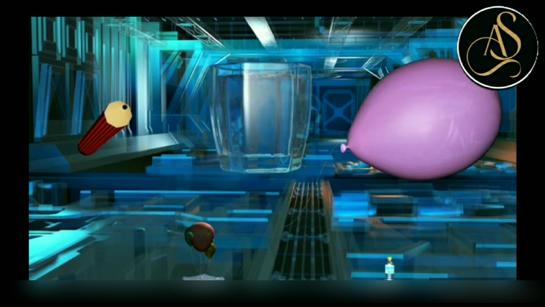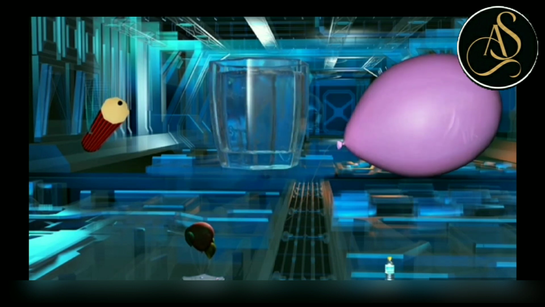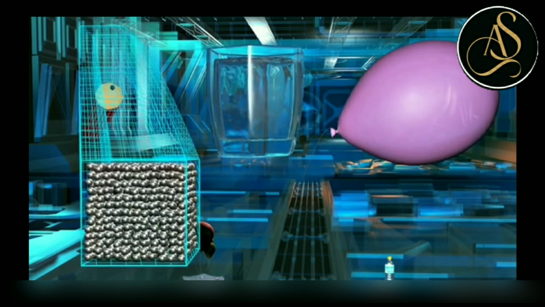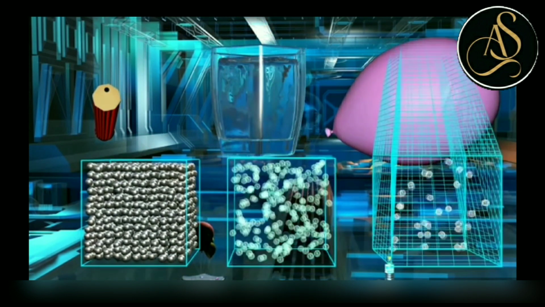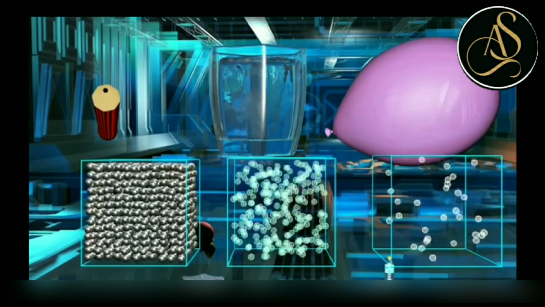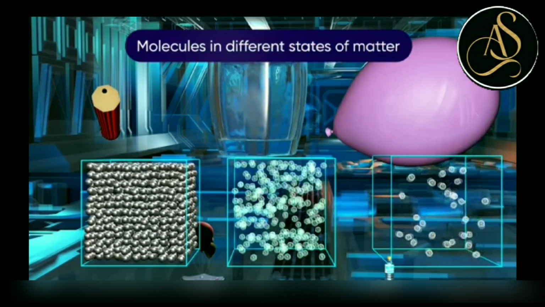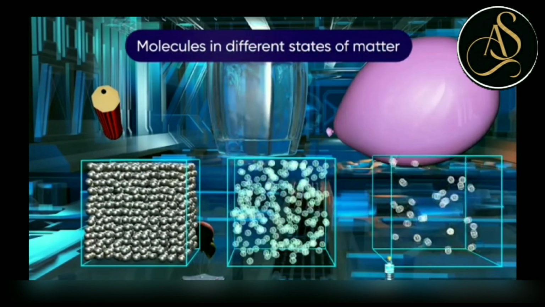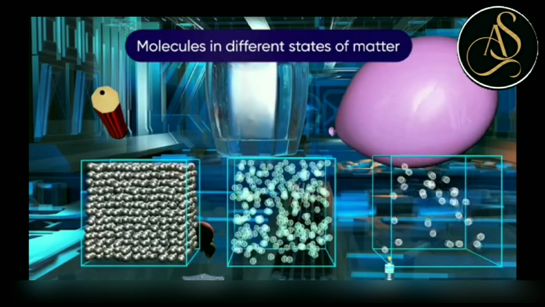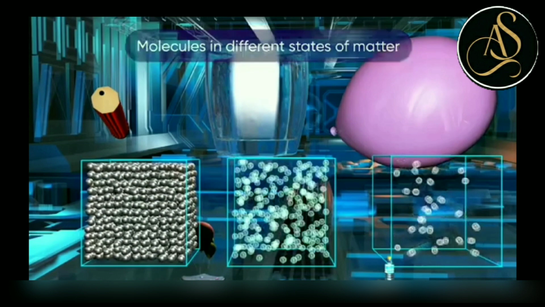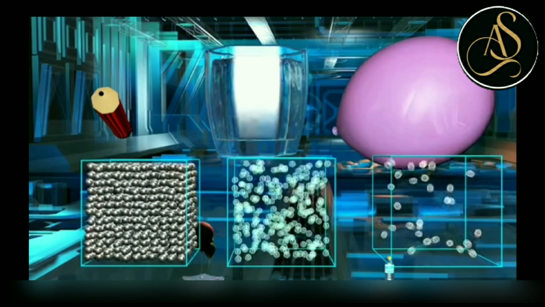To answer this question, let us view the pencil, water in the glass, and air in the balloon very closely. We can clearly see that all of them are made up of small lumps of particles called molecules, arranged in different patterns.